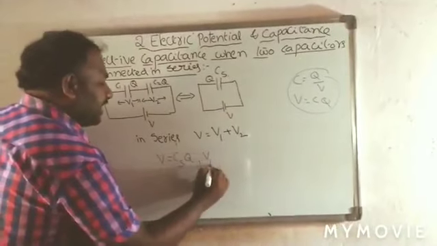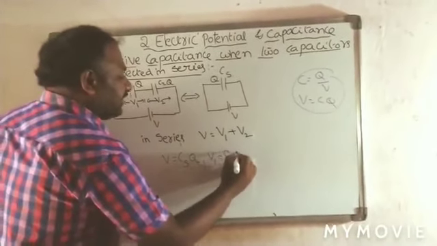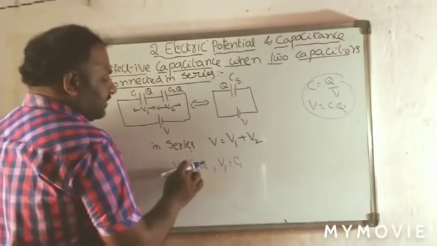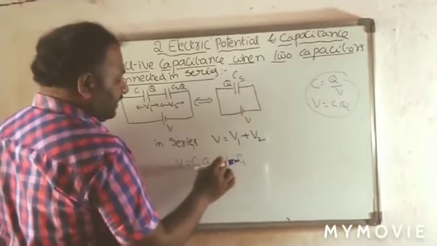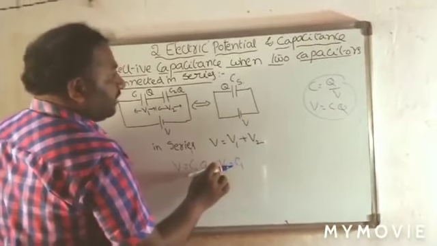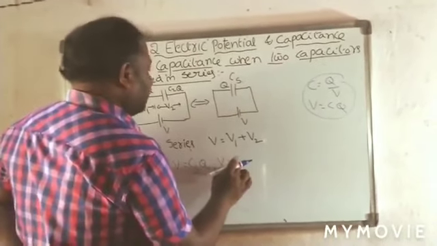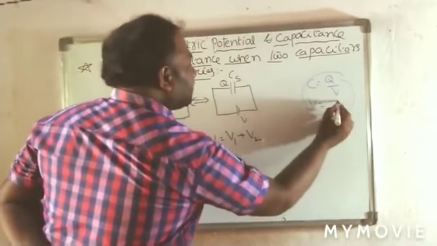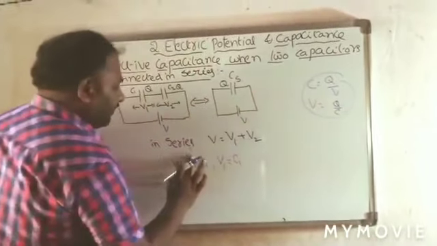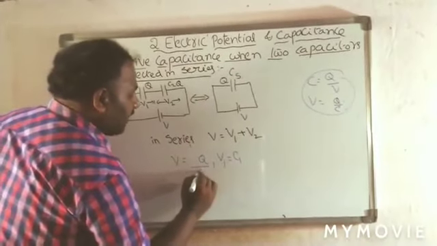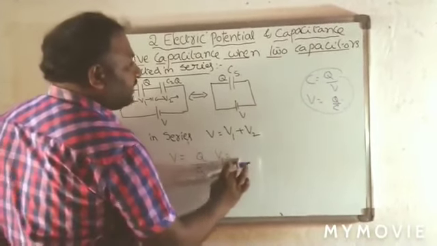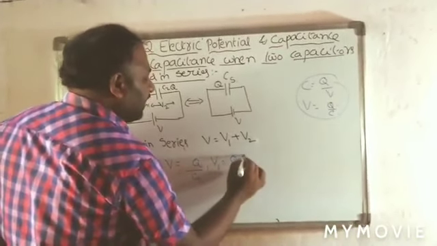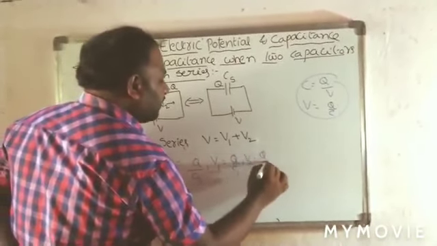Since C is equal to Q by V, V1 is equal to Q by C1, and similarly V2 is equal to Q by C2.